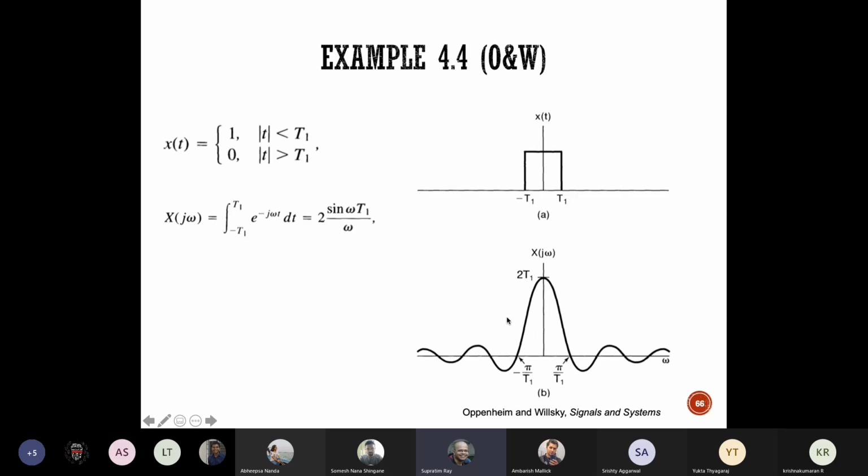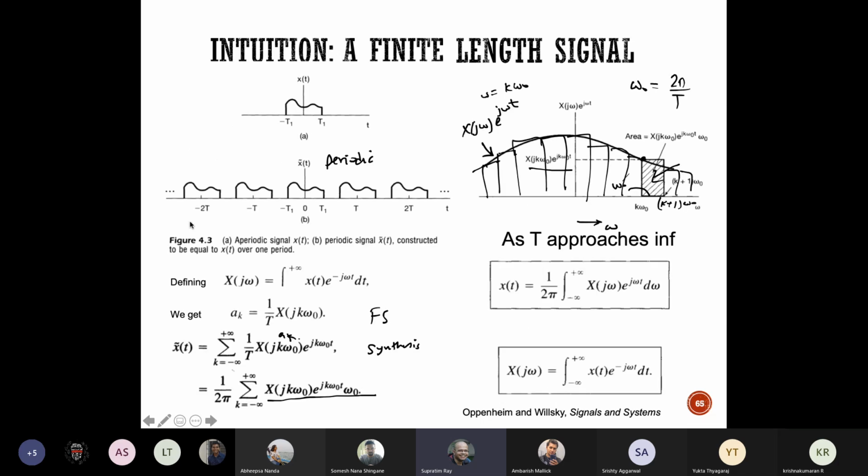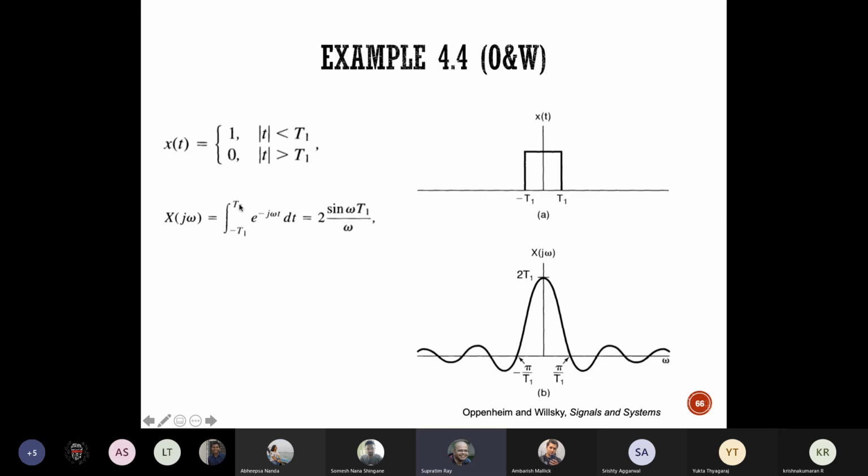Okay, so let's look at an example. And this is the same example as before. x(t) is 1 for t less than T1, and it's 0 everywhere else. Notice that it's no longer a periodic signal, it's an aperiodic signal. And then X(j omega), this is now a continuous function, is just you put this formula here and you make it 1 between minus T1 and T1, and you end up getting this.